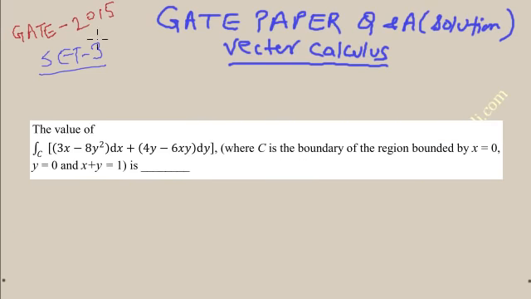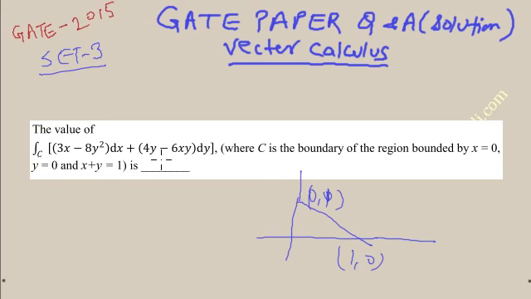This is the question from set 3 of 2005 GATE. You are required to find out the value of this integration where the region is bounded by this. So this is the line x plus y is equal to 1, with points 1, 0 and 0, 1.